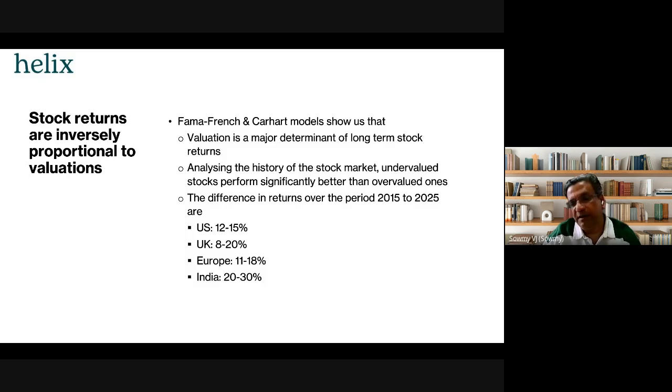This is irrespective of whether the market is having a bull run or a bear market. That is the reason why I said at the start of this session, so far all that you learned was understanding and correlating various factors.